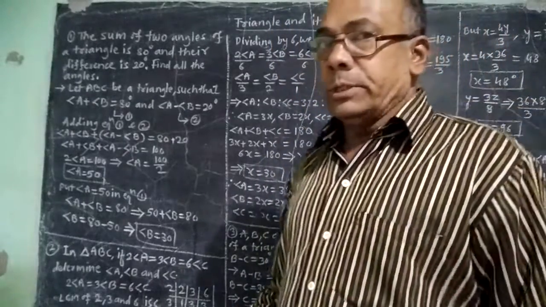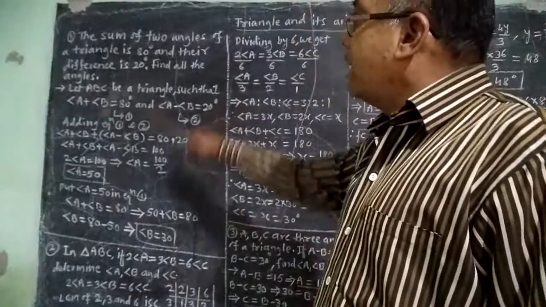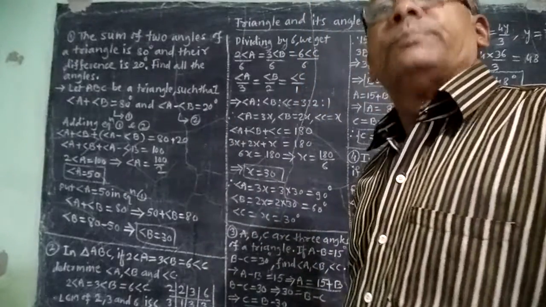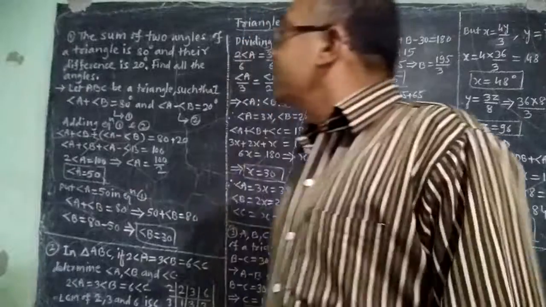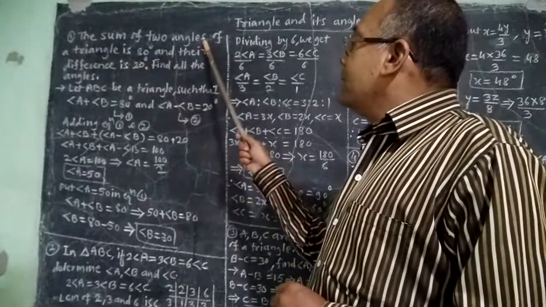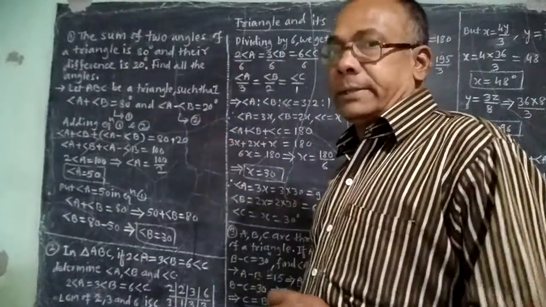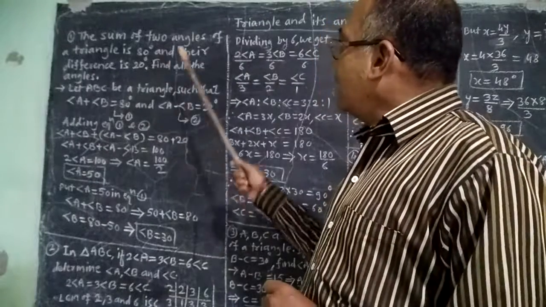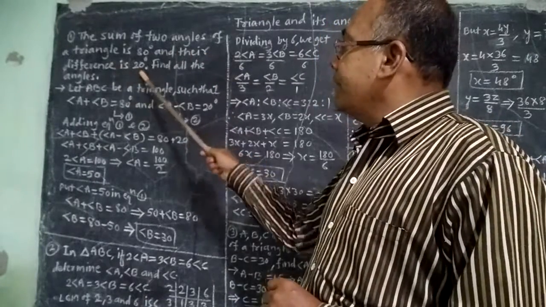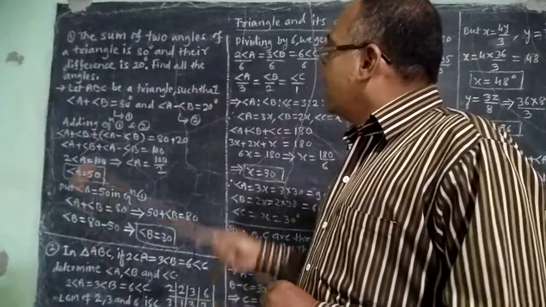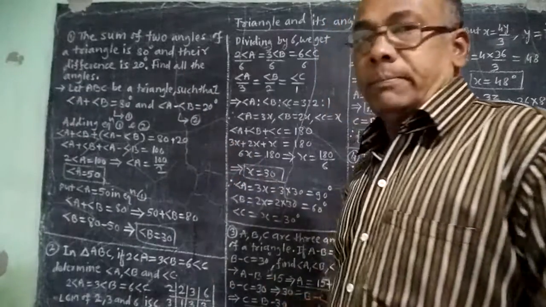Now we have to see some examples. Here in the first example, it is given that the sum of two angles of a triangle is 80 degrees and their difference is 20 degrees. Then find all the angles.